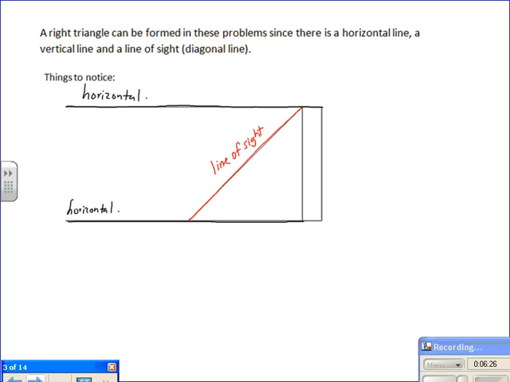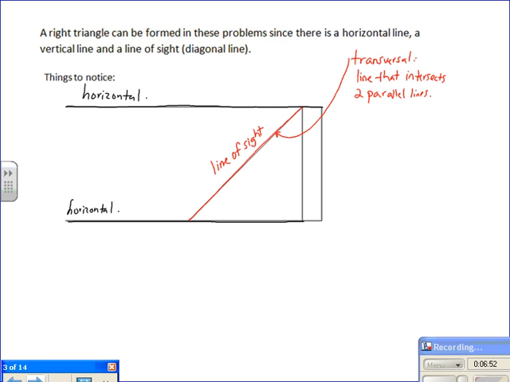But just for your information, this is called a transversal. That's a line that intersects two parallel lines. And if you do Math 11, you'll deal with this term, transversal.